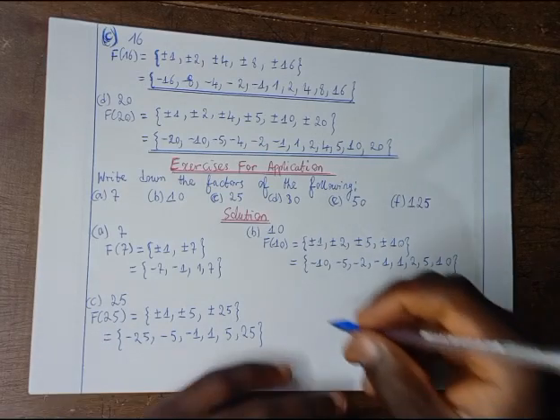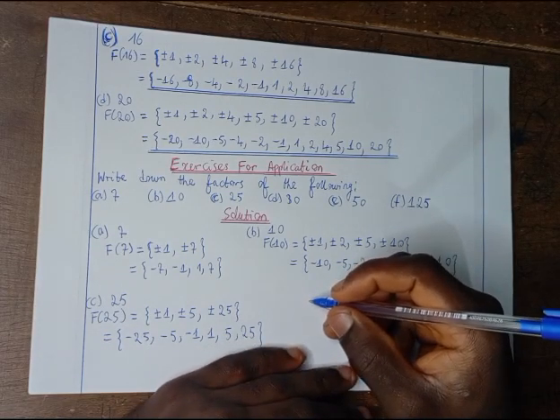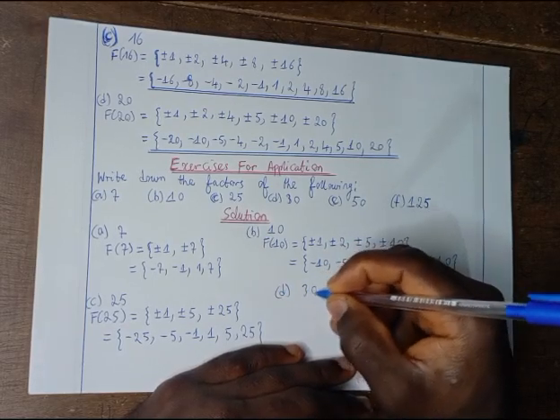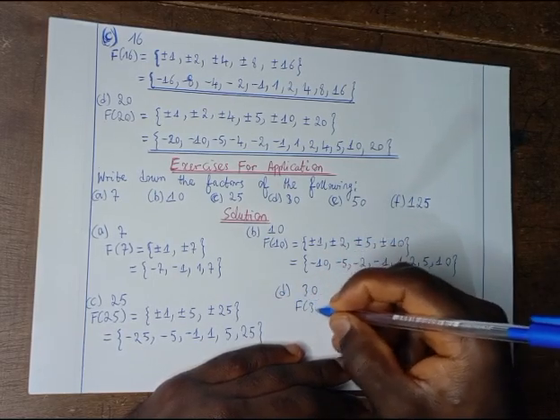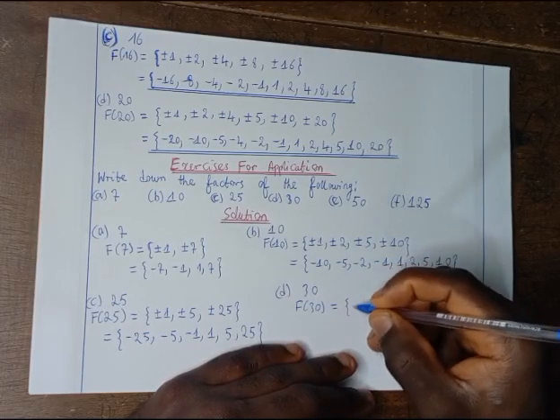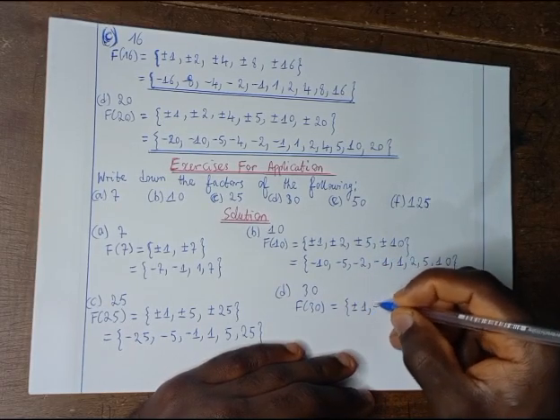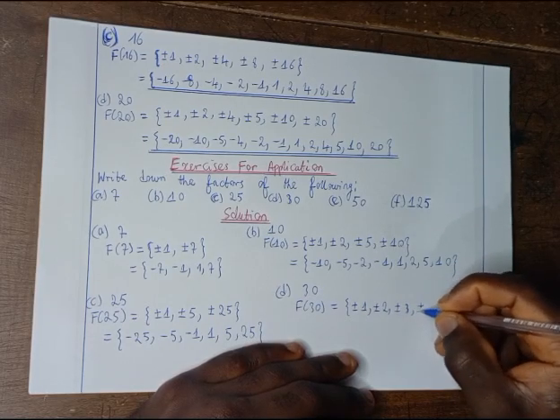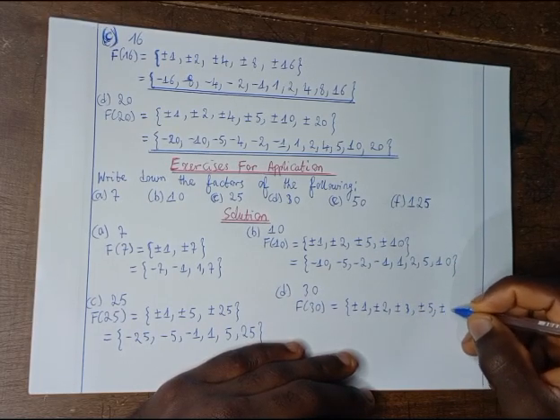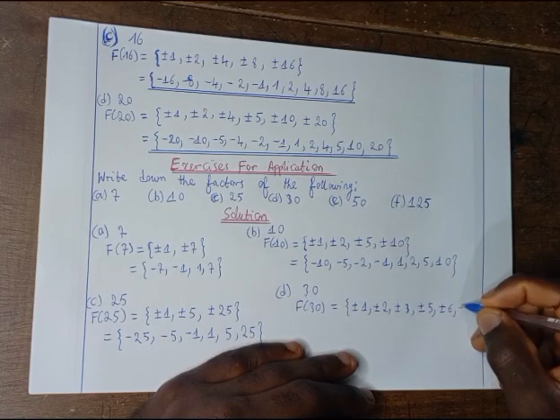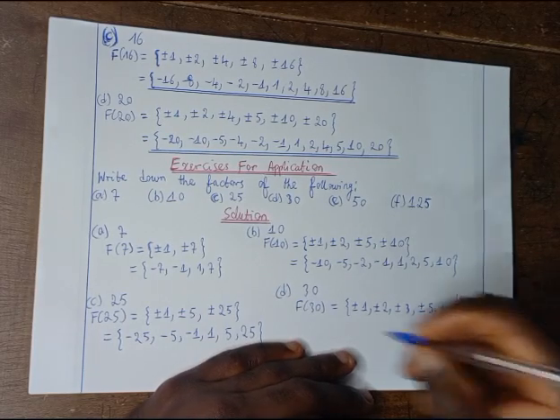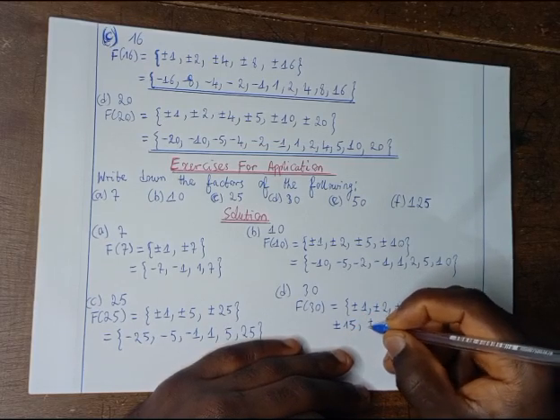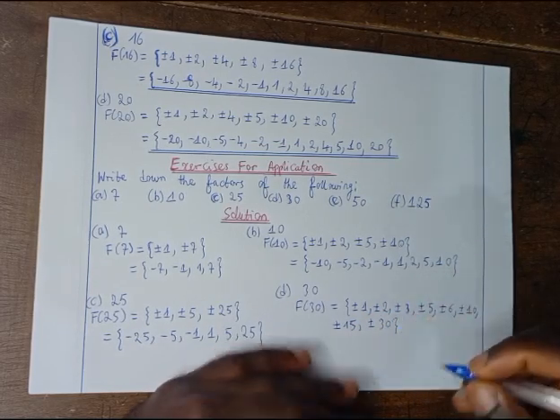We go now to D. For D, we have the number 30. We have to write down f of 30. This will simply be equal to plus or minus 1, plus or minus 2, plus or minus 3, plus or minus 5, plus or minus 6, plus or minus 10, plus or minus 15, and lastly plus or minus 30.